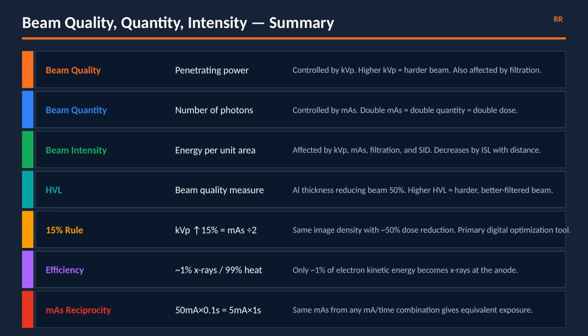The HVL, half-value layer, measures beam quality as the thickness of aluminum that reduces beam intensity by 50%. Higher HVL means a harder, better filtered, higher quality beam. The 15% rule: increase kVp by 15% and cut MAS in half for equivalent density.